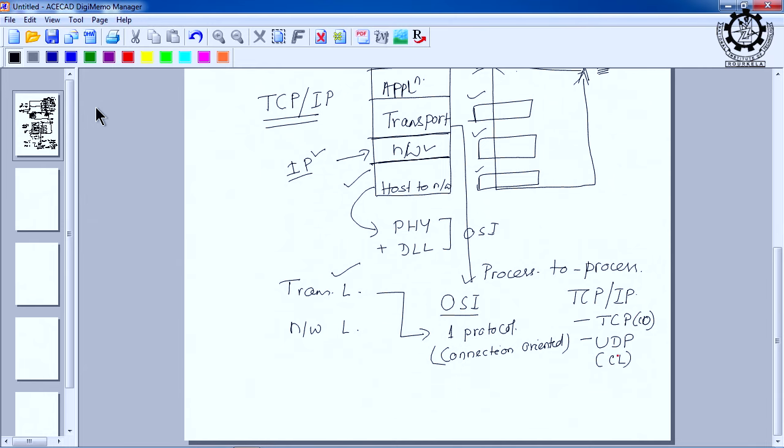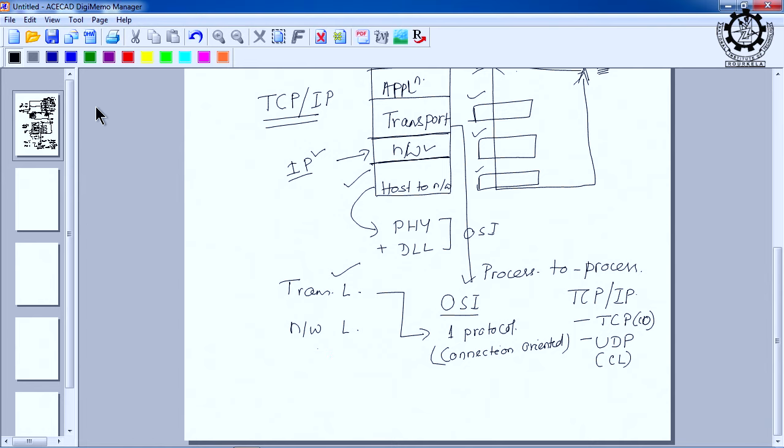UDP is a connection less protocol for the TCP/IP reference model, and TCP is a connection oriented transport layer protocol. So, definitely the reliability of TCP will be more. TCP is more reliable in terms of communication or the transport layer functionalities.